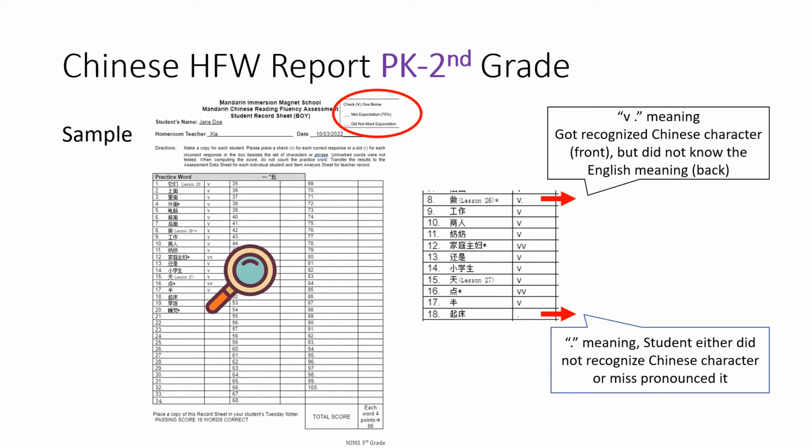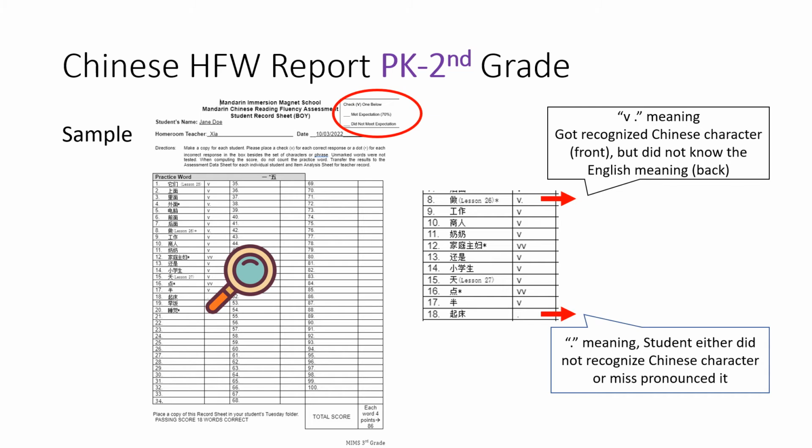If the student did not meet the expectation the first time on the high frequency word test, the student will be offered some interventions from the teachers for a few days, and then they will receive a retest on the same test to see if they mastered it after the intervention.